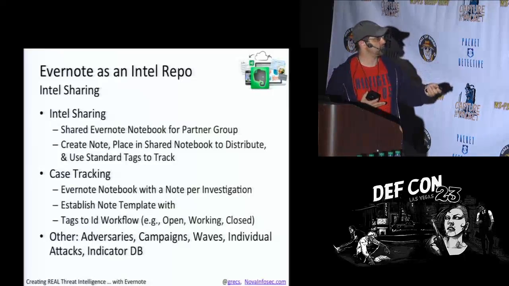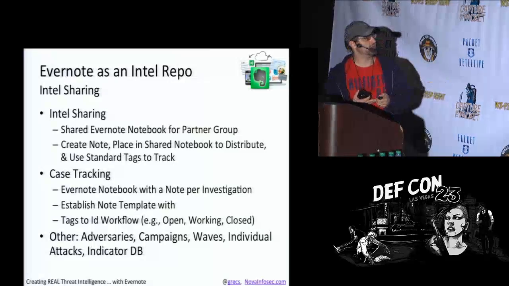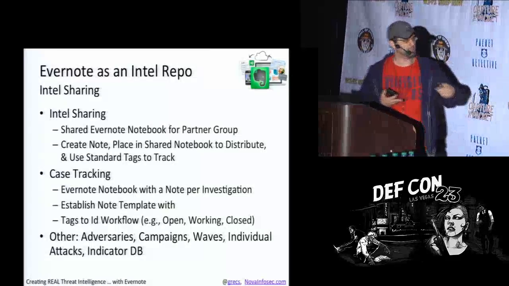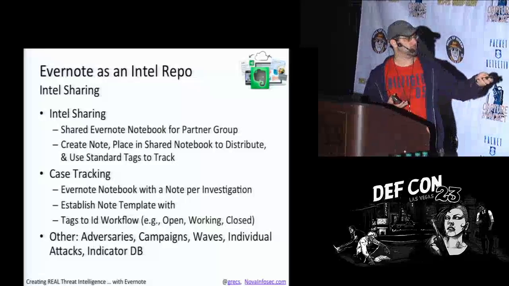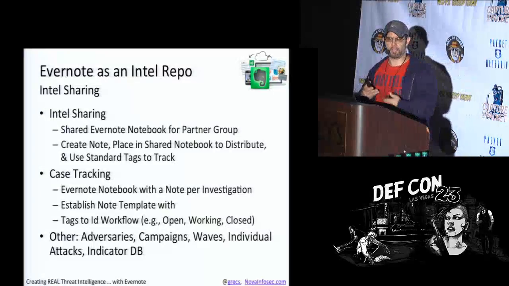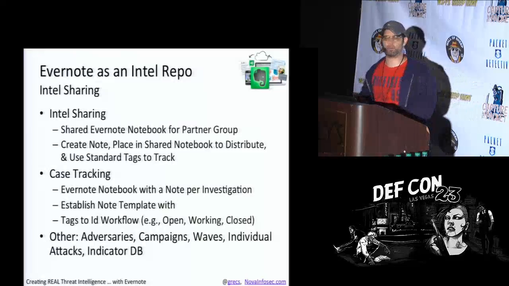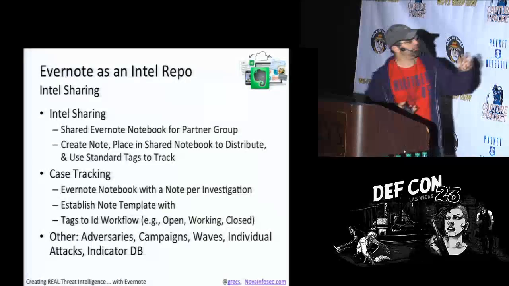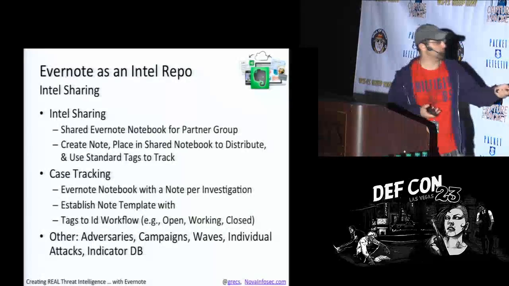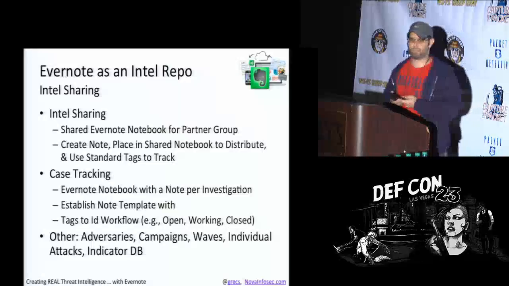And then also case tracking. Whenever you create a new case, you create it and then you tag it with open and you work it. Then you would move the tag over to be working, and whenever you're done with it, you would tag it closed. There are some other things you could do here, like having a notebook of adversaries.